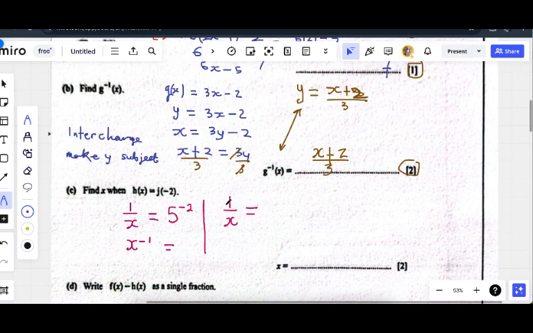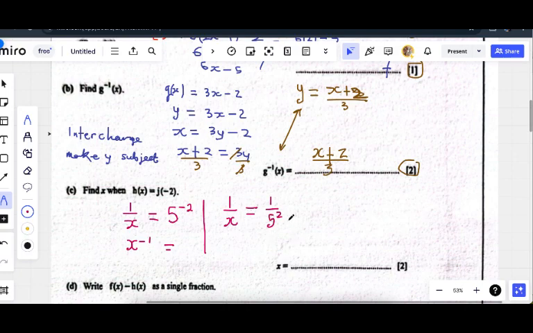You put it in this format also. Anything raised to power minus becomes 1 all over in indices, so it becomes 1 all over 5 squared. The minus will disappear. If something is 5 raised to power minus anything, minus means 1 all over.